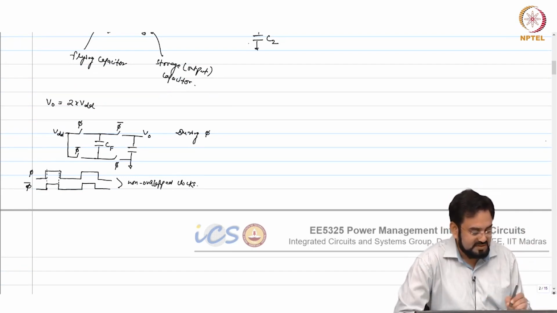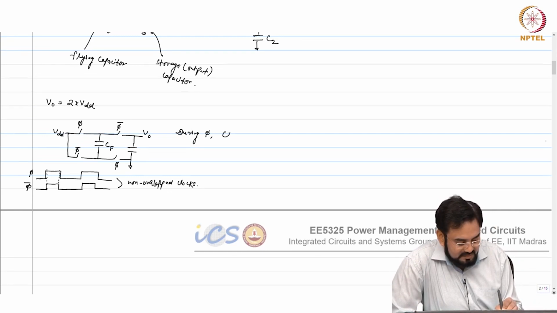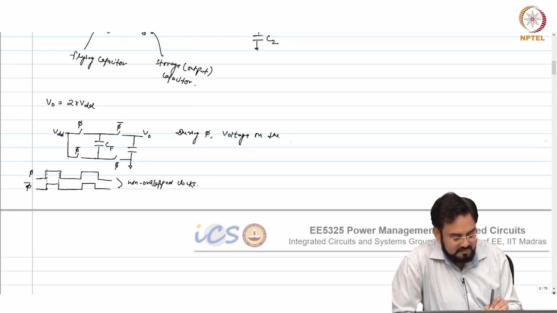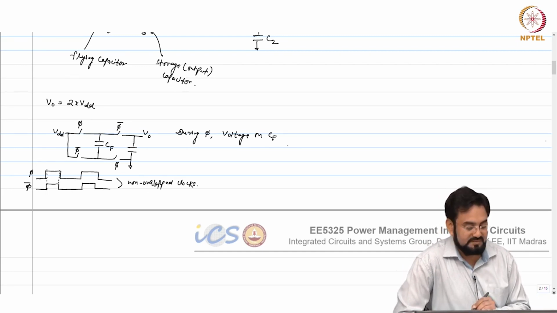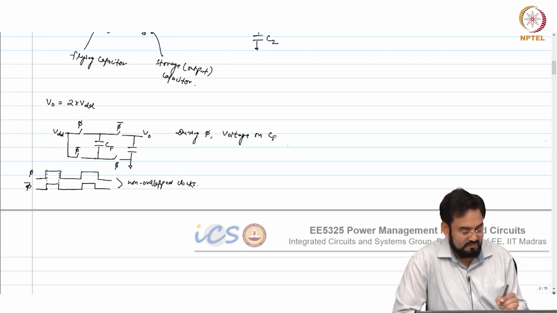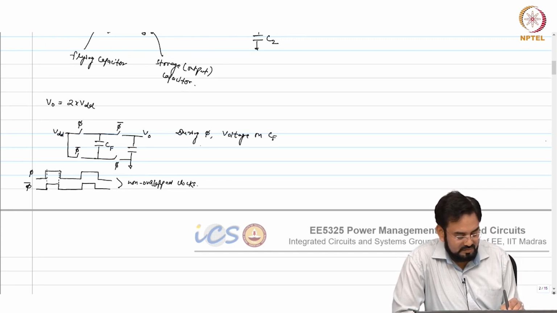So, during phi, what is the voltage on the capacitor CF? If I call it Vf phi, it equals VDD.